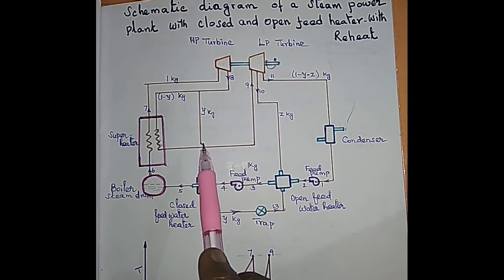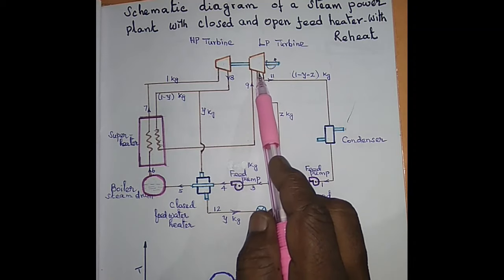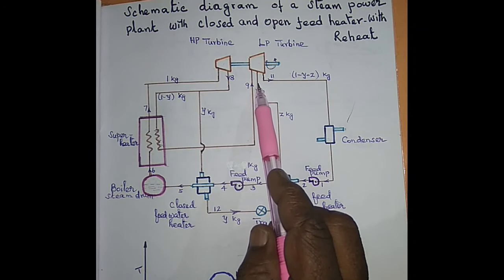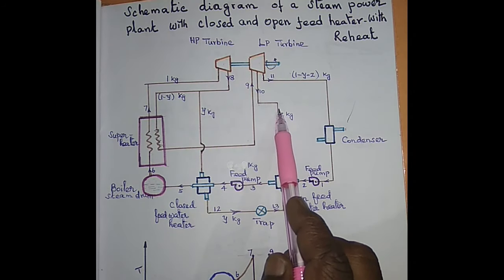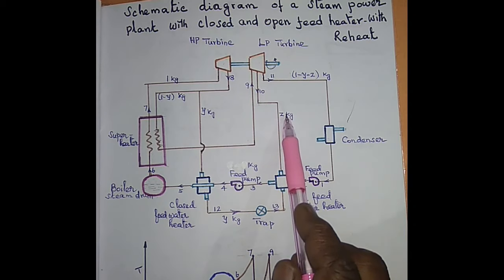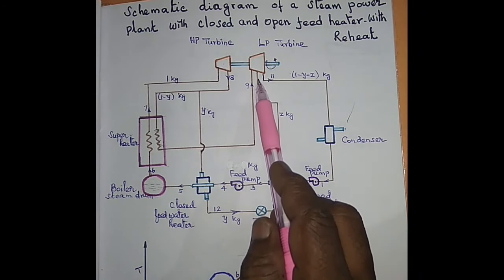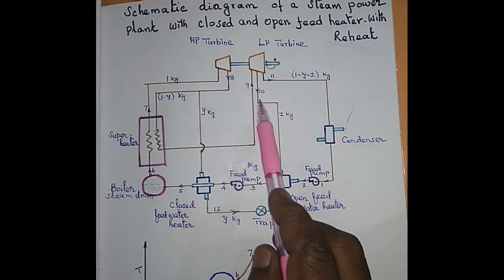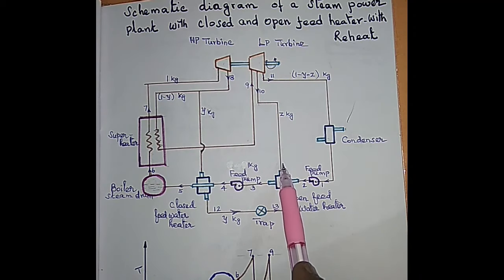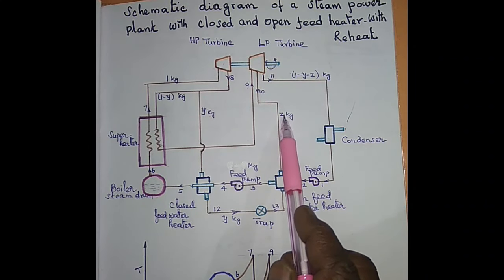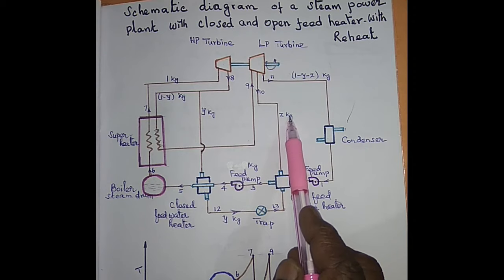This process is called bleeding: extracting a little bit of steam from the turbine casing at different stages for heating the feed water. That is called bleeding. The steam that is extracted is called bled steam. So that is only a little bit, that is Z kilogram.